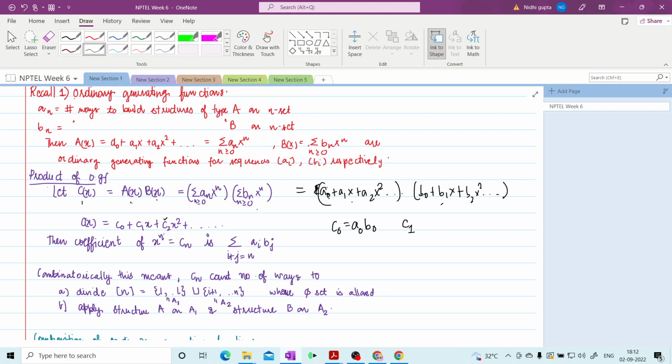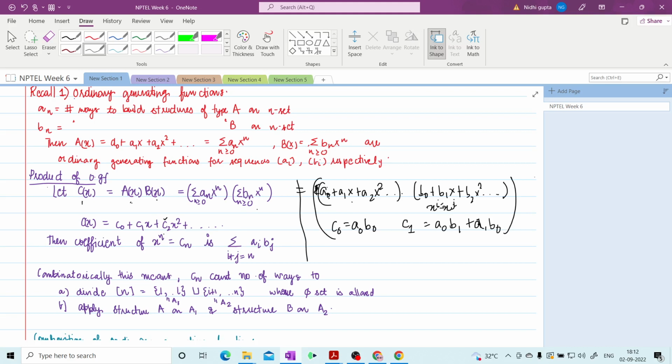We can obtain x by taking x^i times x^j where i plus j equals 1, that is, by multiplying a0 with b1x and a1x with b0. So c1 is a0 b1 plus a1 b0.